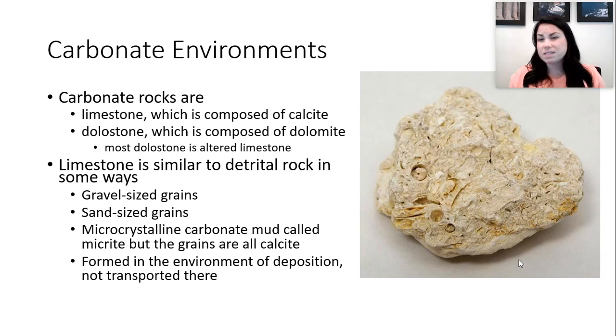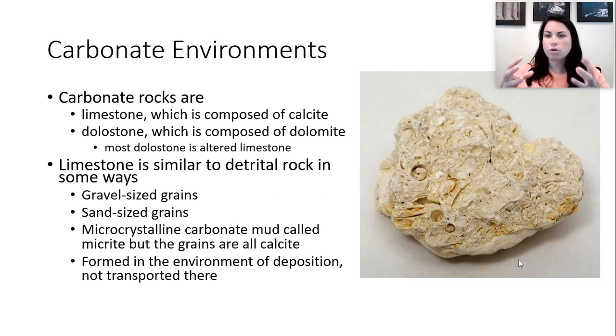There can also be some sand-sized grains, but we have microcrystalline carbonate mud called micrite, and the grains are all calcite. So if you were to take a bottle of hydrochloric acid, it would fizz due to the presence of calcite. And this is formed in the environment of deposition as opposed to being transported there.